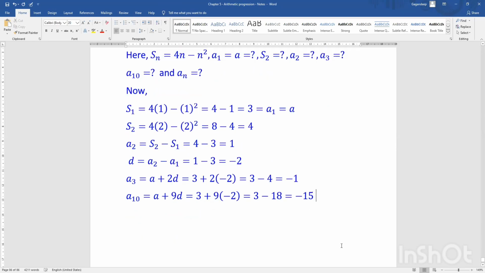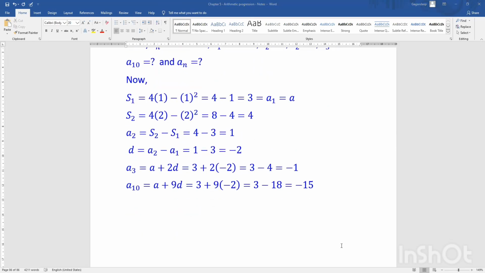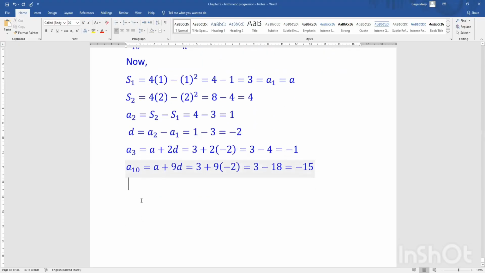And then we have the next one, they've asked you to find out an, correct? So let us write the an formula. An is nothing but a plus n minus 1 into d. You replace a with 3 plus n minus 1, n value you don't know, just keep it as it is, into d value, which is minus 2.